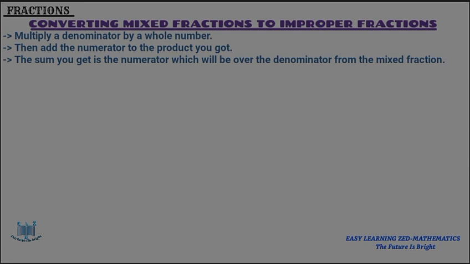In other words, the denominator remains the same. The denominator in the mixed fraction will be the denominator in the improper fraction. So these are the three things you need to consider when you are changing mixed fractions to improper fractions.